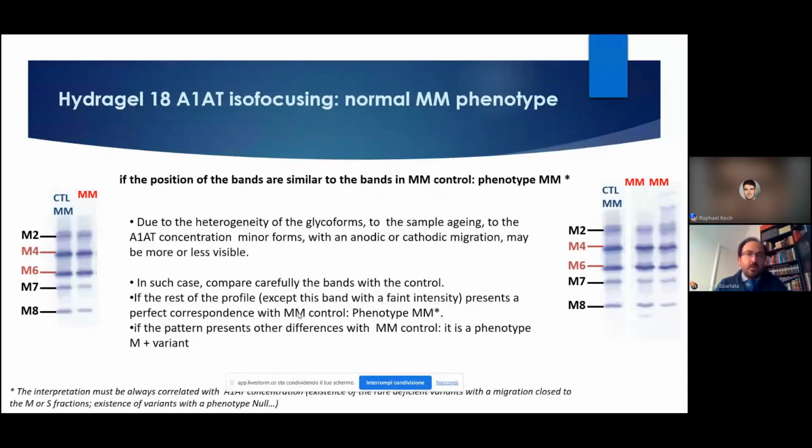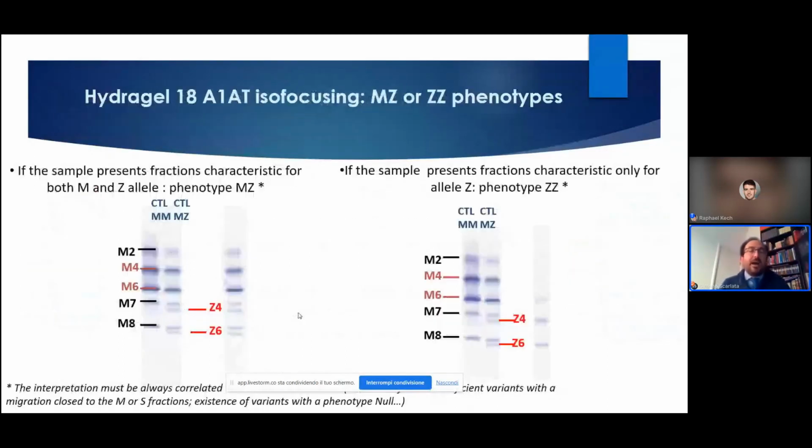This is an example of how the Z allele may appear and how the MZ phenotype can be seen in this test. What you need is just to have the control for both the MM and the MZ variants. And what you see is that the MZ is characterized by the Z4 and Z6 bands.